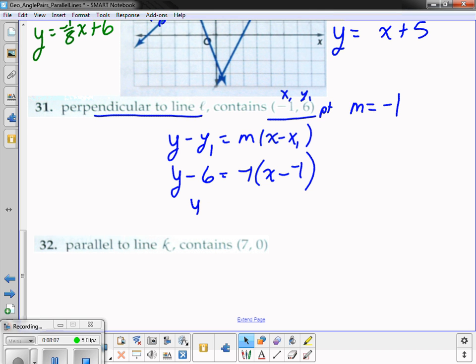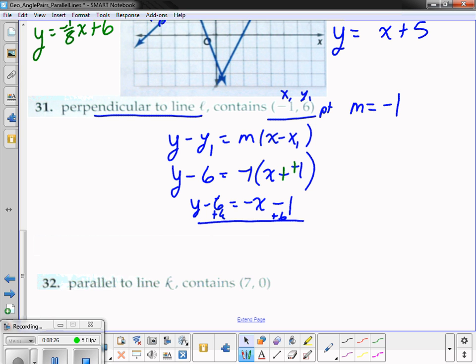So now I have y minus 6 equals negative 1 times x minus negative 1. I'm going to distribute: change the sign, so I get negative x minus 1. That negative has to go to both numbers. And now I'll add the 6 to both sides. So y would equal negative x plus 5. That would be the equation that I would have.